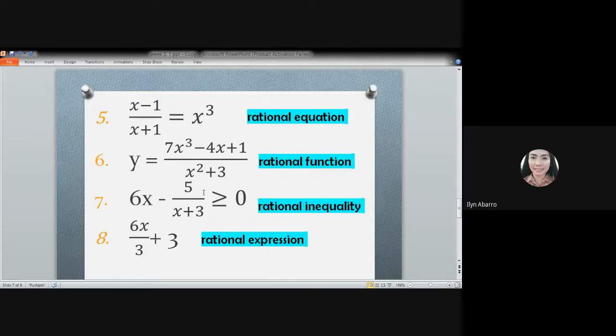In here, we are using the inequality symbol with a rational expression. So this is a rational inequality. Number 8, 6x over 3 plus 3 is only a polynomial. This is only a polynomial, which is a binomial. So this is a rational expression only.